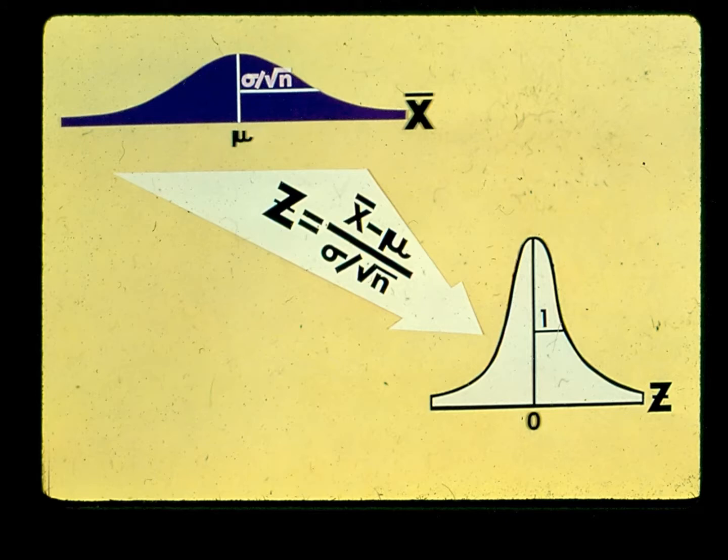This formula is the familiar conversion formula for standardizing a normally distributed variable, although here the standard error sigma over the square root of n takes the place of the standard deviation sigma. In other words, the distribution of x bar on the left may be converted to the distribution on the right so that standard normal tables may be used to look up probabilities or determine percentiles. Keep this conversion formula in mind as we will be using it shortly to derive our confidence limits.